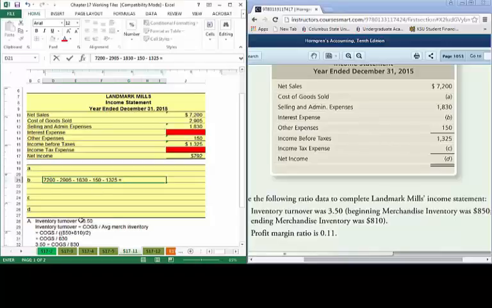Okay. So I'm going to take 7,200 minus 2,905 minus 150 minus 1,325.